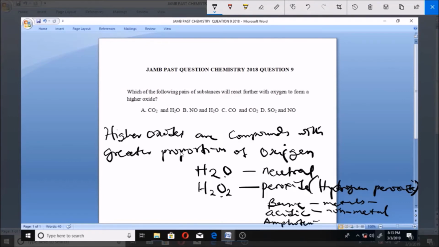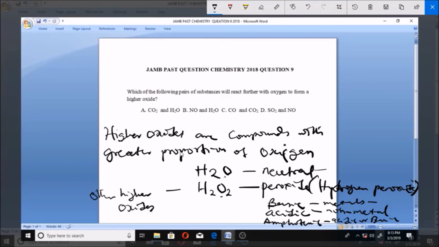You need to know about this as well. These amphoteric oxides can behave as acidic oxide or basic oxide, whereas neutral oxide is like H2O. But we also have hydrogen peroxides and other higher oxides. So you need to take note of all these types of oxides.